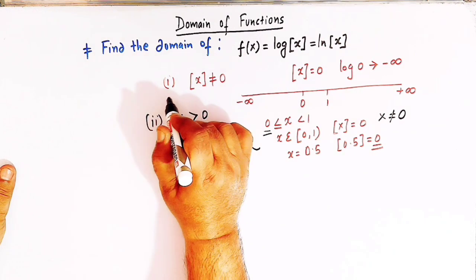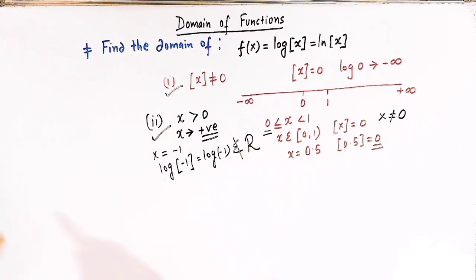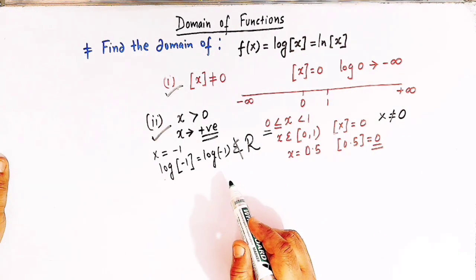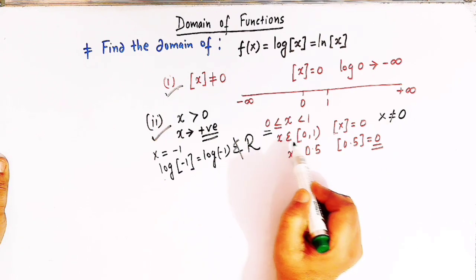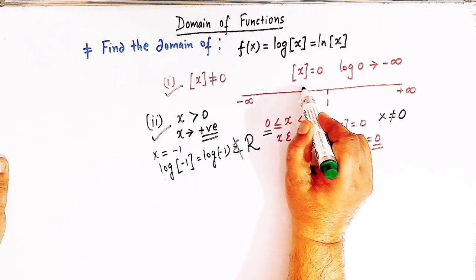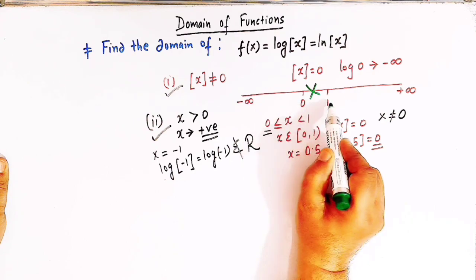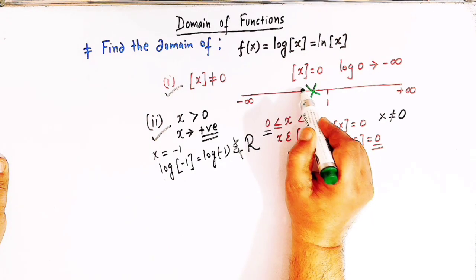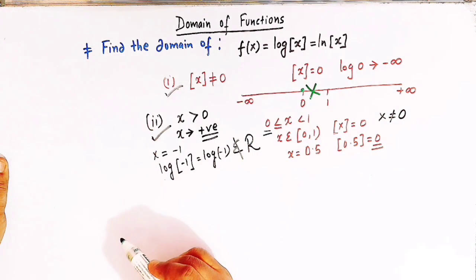So now using these two important points, we can easily arrive at the domain of the natural log of greatest integer of x, right? So in the first case, we have said that x should not belong to this interval, that is 0 to 1, right? So we have to discard this interval, that is from 0 to 1, and here 0 we can also eliminate, x equal to 0, right?